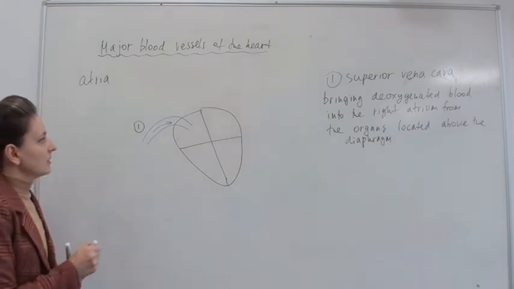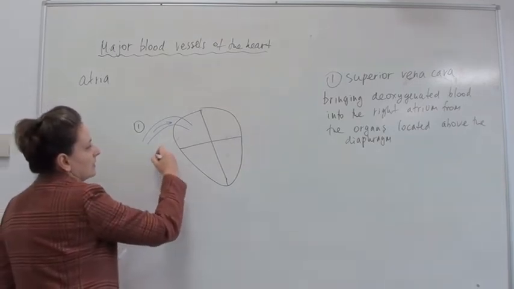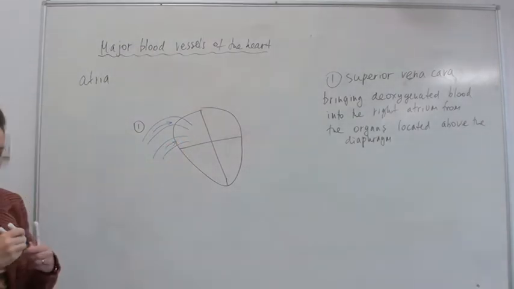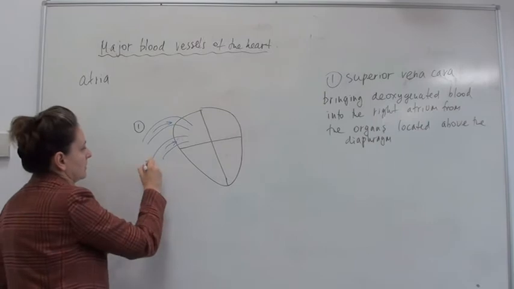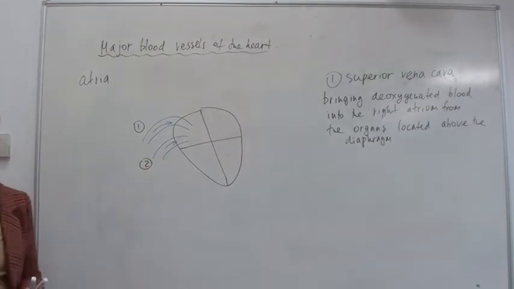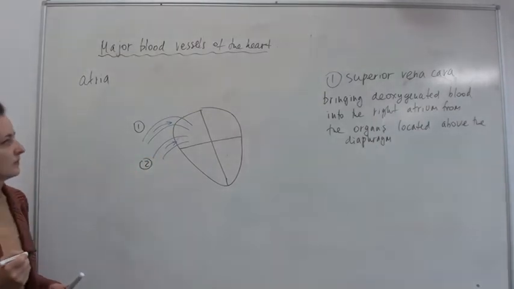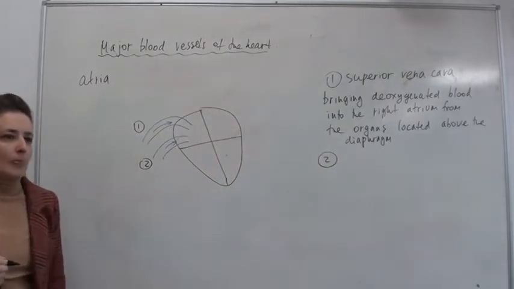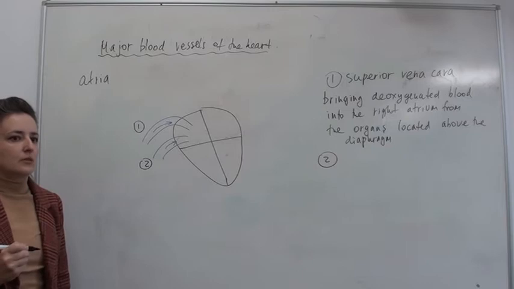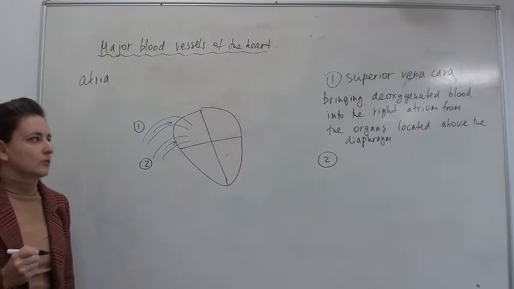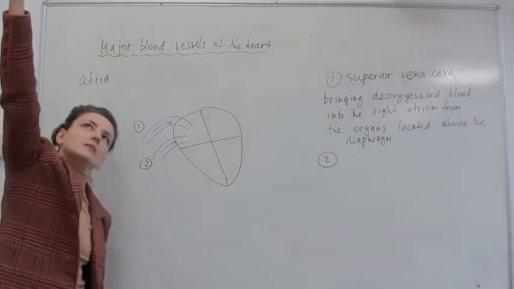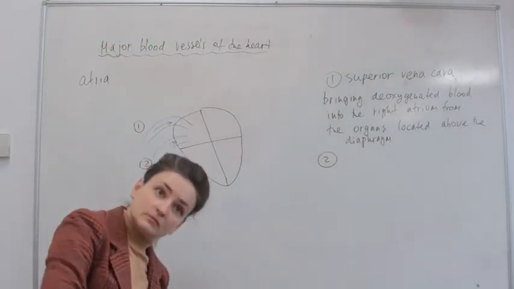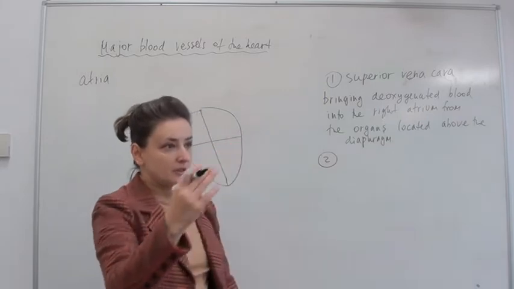Right, now your right atrium has got another big blood vessel also bringing deoxygenated blood in. So I'm going to name it or label it number 2. Right, so let's think together what that one might be called. So we had superior vena cava, and then we also need inferior vena cava, right?